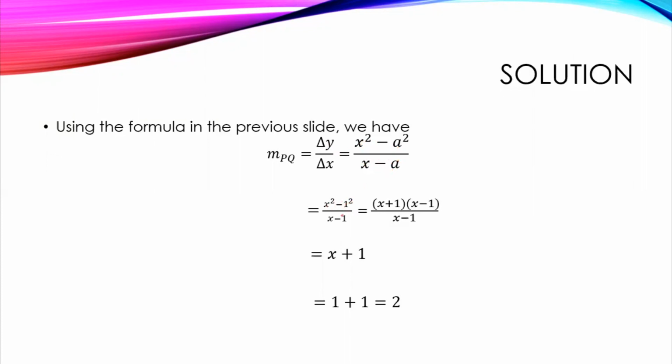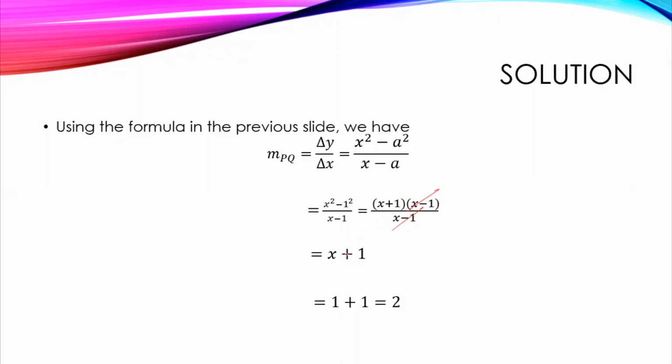So x squared minus 1 over x minus 1. That 1 here is the specific value of our a. By factoring, we come up with quantity x plus 1 times quantity x minus 1. And since x minus 1 is common, it cancels. So we have x plus 1.